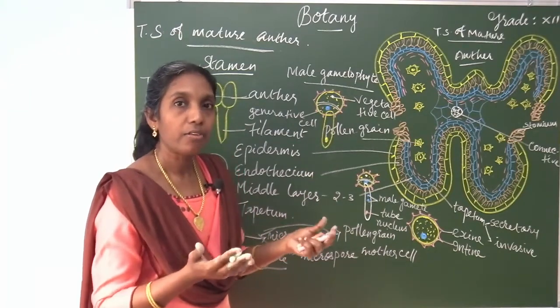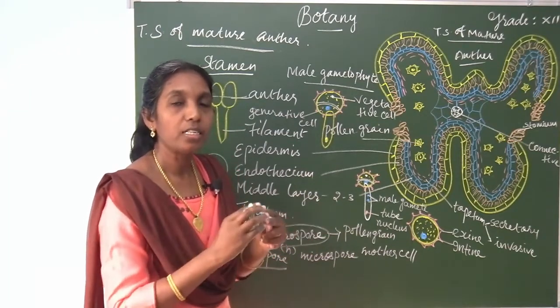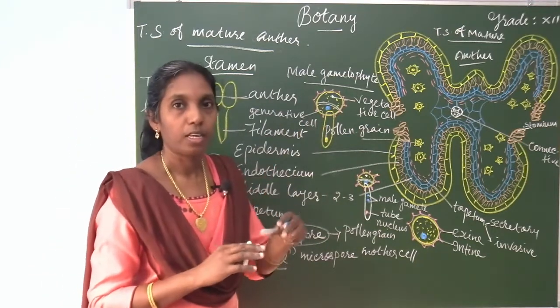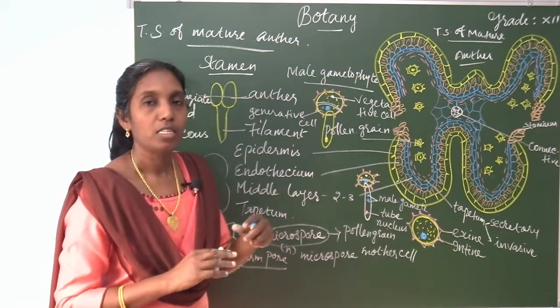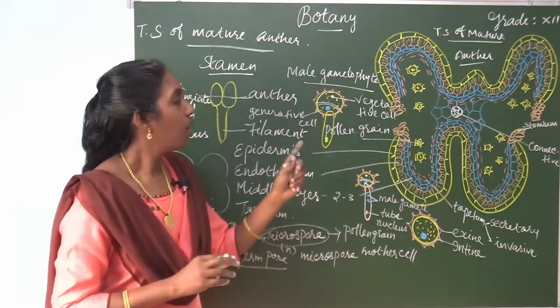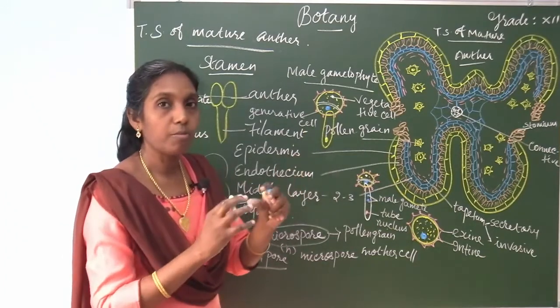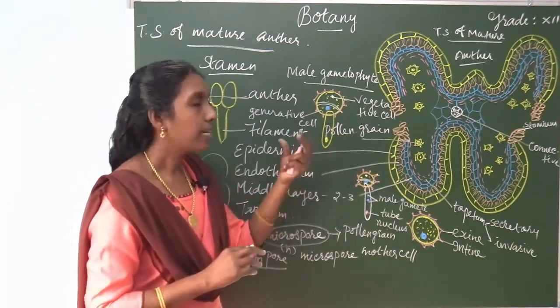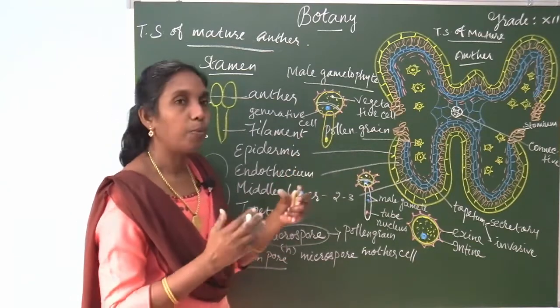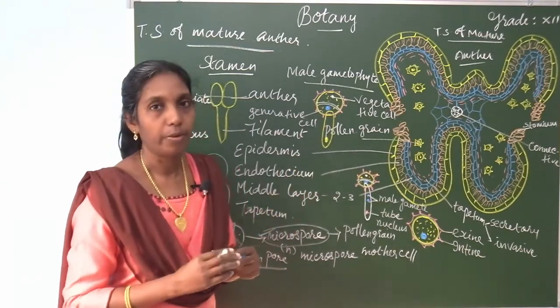If it is liberated in the two-celled stage, it reaches the stigma of the gynoecium. The gynoecium has the stigma, style and ovary. When the pollen grain falls on a suitable stigma, it gets moisture and starts to germinate. The pollen tube starts to develop.